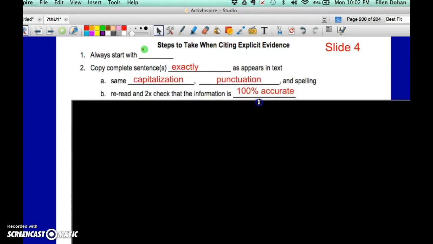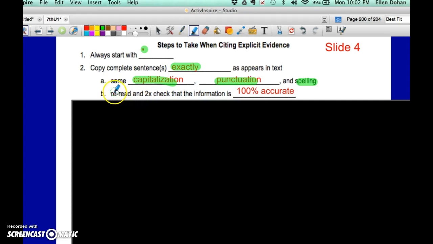Next, you need to copy the sentences exactly as it appears in the text. And that means you use the same capitalization or punctuation and even the same spelling. If you're in a novel and someone spells something wrong, you're even going to include that in there.